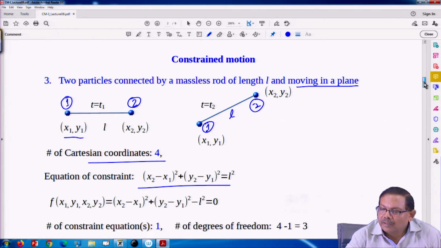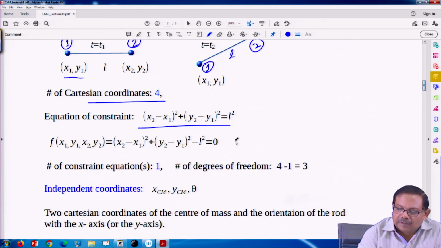So, that can be written this way: a function of x1, y1, x2, y2 which is equal to, I have taken L square to the other side, (x2 minus x1) whole square plus (y2 minus y1) whole square minus L square, that is 0. So, this is my equation of constraint.